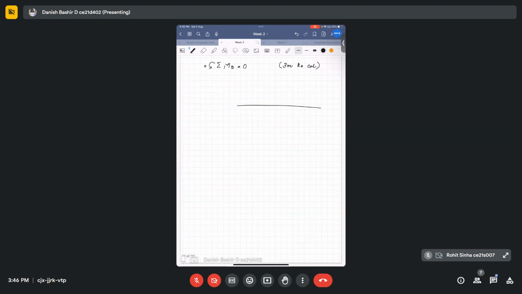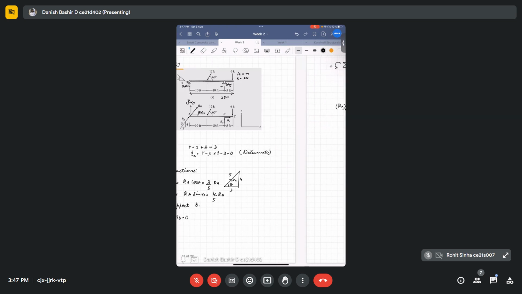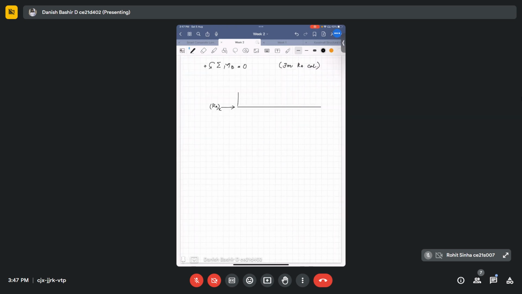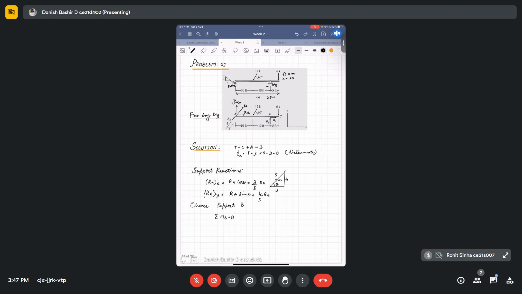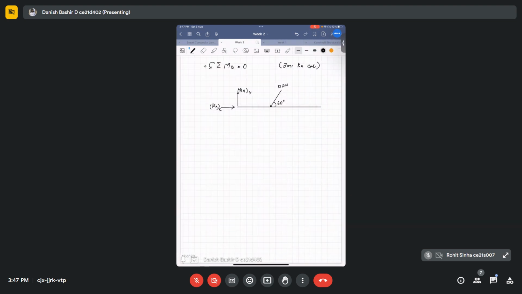We are having RAX like this, RAY like this, 12 kilonewton at 60 degrees, and 6 kilonewton.